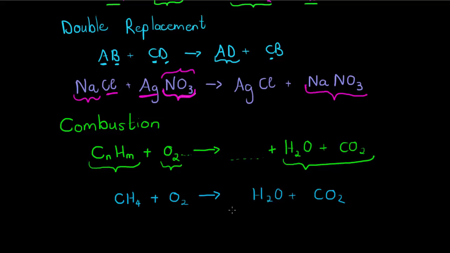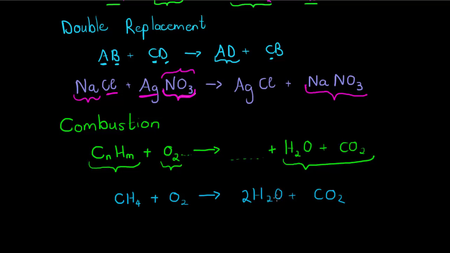Let's start with the element that is only represented once on either side, which is carbon. There's one carbon on both sides, so that's fine. Hydrogen, there's 4 on this side, so we're going to have to multiply with a 2 here to give me 4 hydrogens.